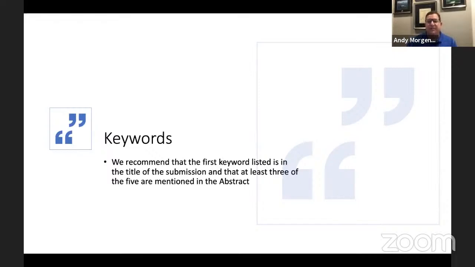Those keywords that I'm putting in the search engine are going to correlate directly to the keywords that are in the paper, and that will automatically cue those papers to come up so I can see them. So the more accurate you are with your keywords, the more times your paper will have a hit when somebody is searching for that topic. So it's very important in the research world to have proper keywords.